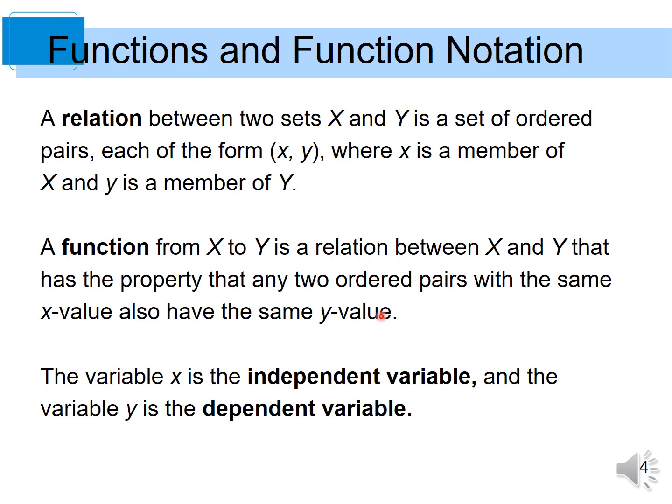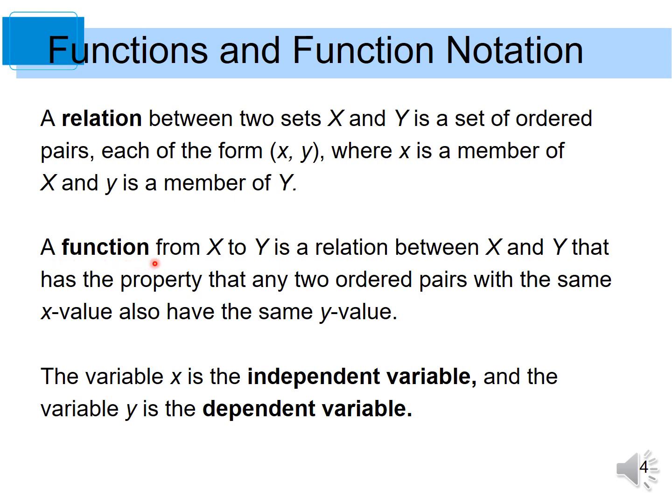A relation between two sets Bx and By is a set of ordered pairs, each of the form xy, where x is a member of Bx and y is a member of By.